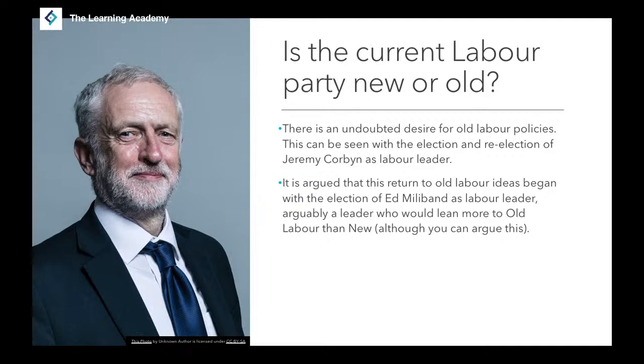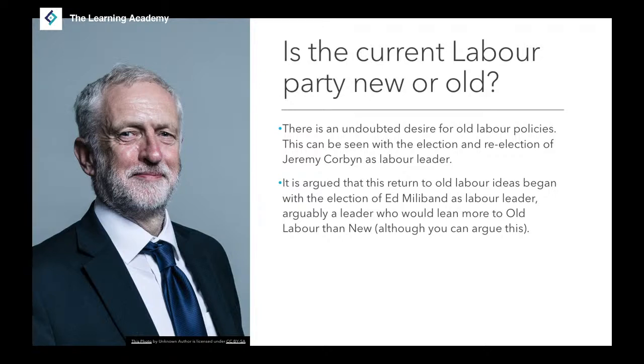You could make that claim, but it shows the winds of change as Labour was beginning to take more of the old traditional viewpoint. Okay, so a Miliband being more old Labour than new Labour shows signs that the Labour Party was beginning to shift, from 2010 all the way up to 2015.